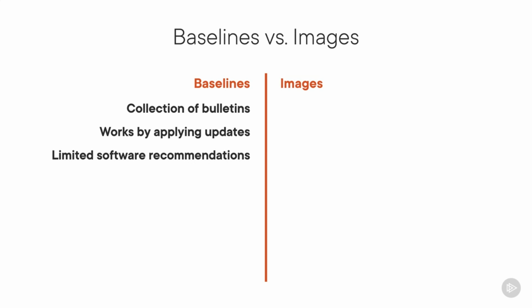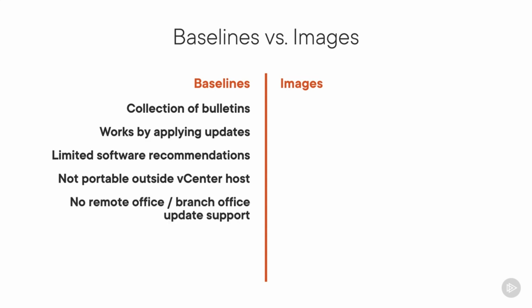A baseline offers limited software recommendations, and it's not portable outside of the vCenter host. There's no remote branch office support to use a baseline on, let's say, a remote office to keep that remote office's software up to date, and there's no RESTful API.